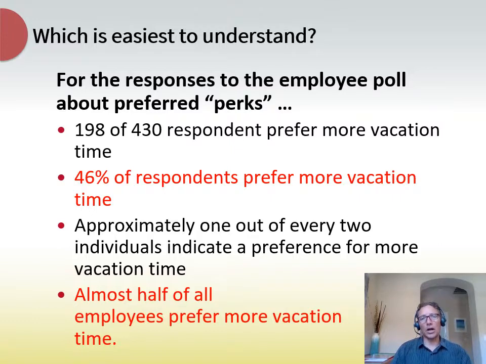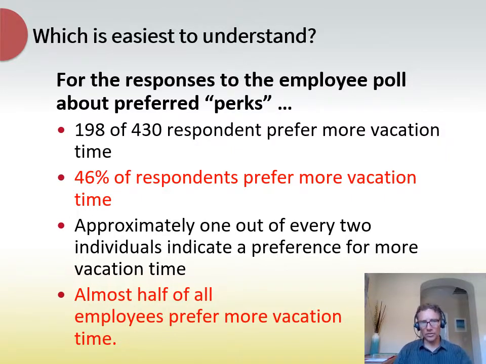When we talk about common language, that just means presenting numbers in a way that's easy to understand. Look at these 4 bullet points here. The top 2 are one scenario and the bottom 2 are another scenario. Which one's easier to understand? If you look at the first one, where it talks about 198 of 430 respondents, a percentage is easier to understand, right? 46% prefer more vacation time, roughly half.